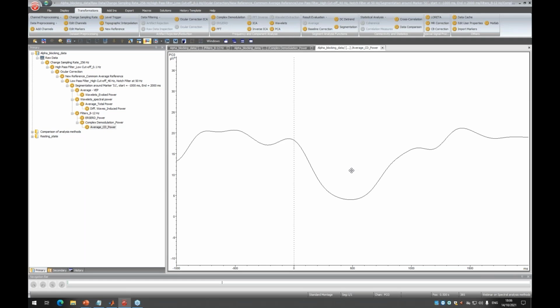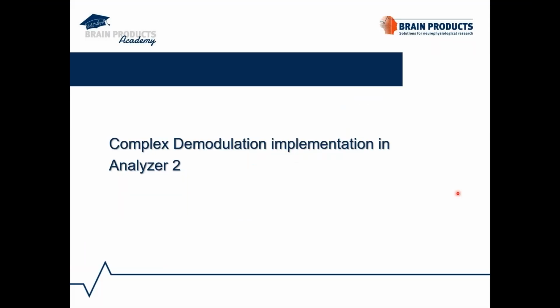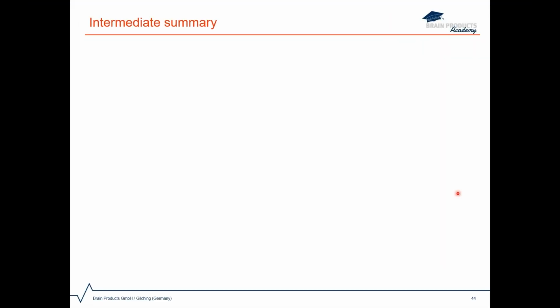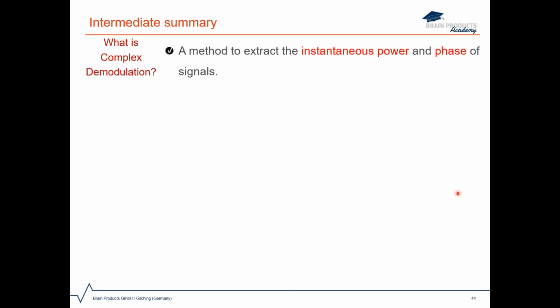Now I will go back to the slides. Let's summarize what we have learned about complex demodulation. Complex demodulation is one of the methods to extract the instantaneous power and phase of signals.